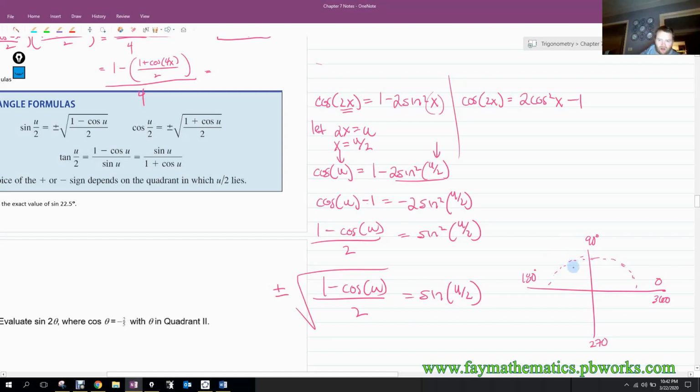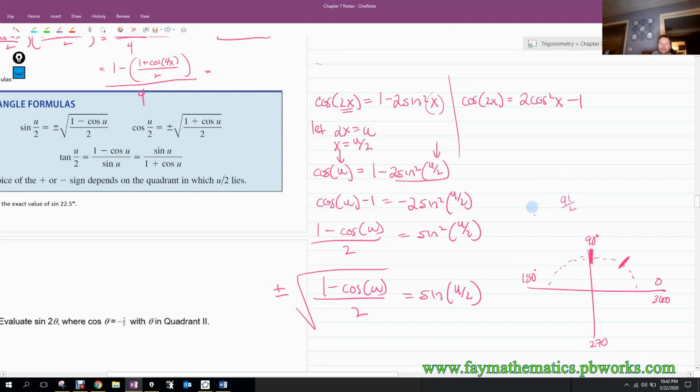So if I've got an angle over here and I take half of it, it's going to put me somewhere over here. Let's say 91 divided by 2, that's going to put me at 45.5, right there. If I take 180 divided by 2, it's going to put me at 90 right there.